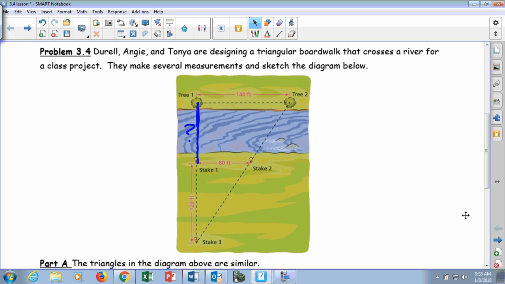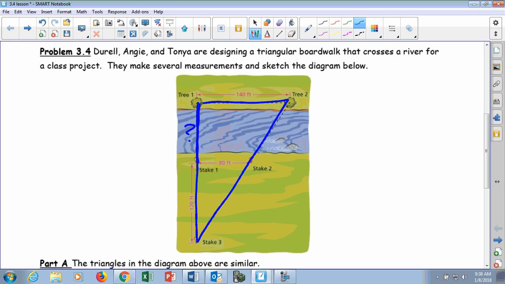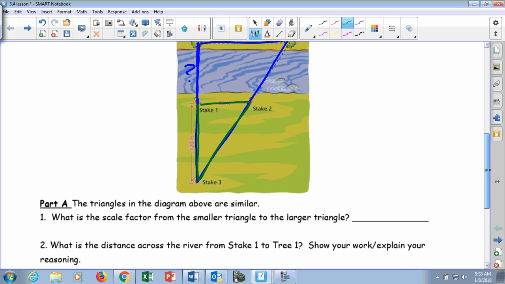So, what was the scale factor? Well, if we look at this, we got 2 triangles here. You got this one, and then you got this one. So what information can we use to help us find the scale factor? Aiden. Right.